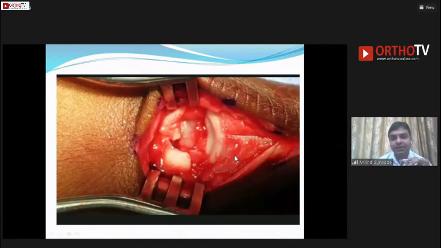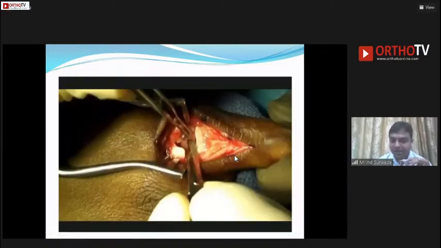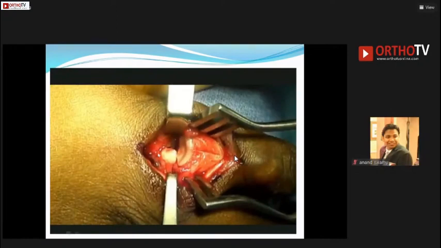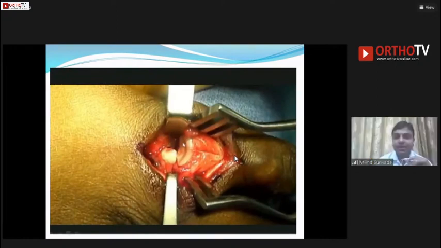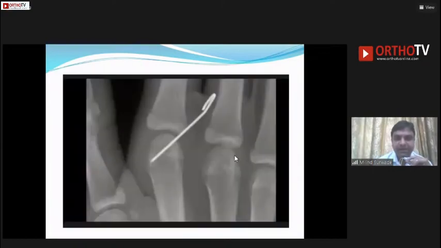This is the osteochondral fragment, and this is the Volar plate entrapped in the metacarpophalangeal joint. We have to slit the Volar plate in the center, and that will give us a reduction. Now there is nothing interposing in the metacarpophalangeal joint. The dorsal osteochondral fragment can be fixed with a K-wire. So that's case number 1.